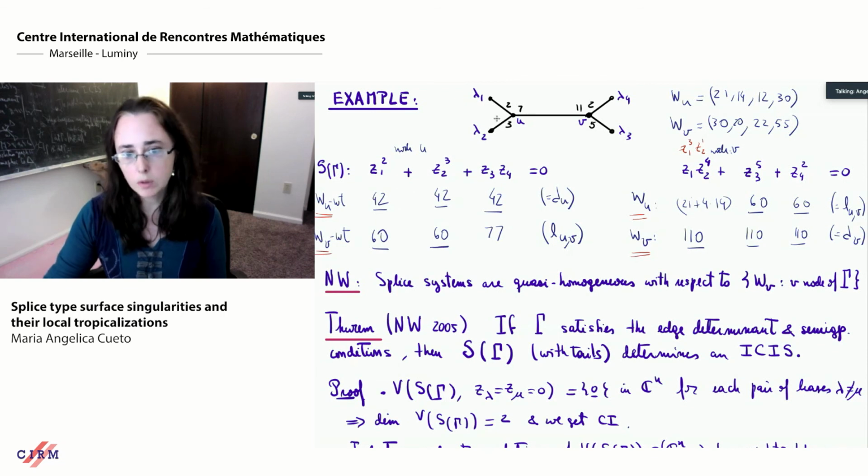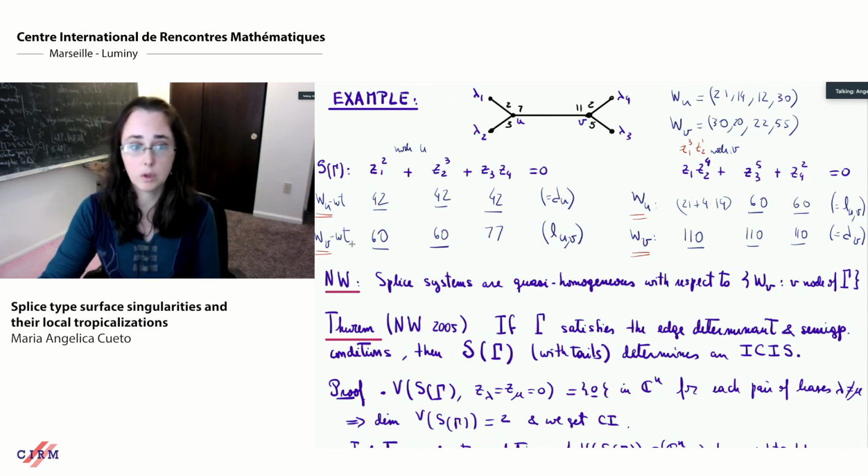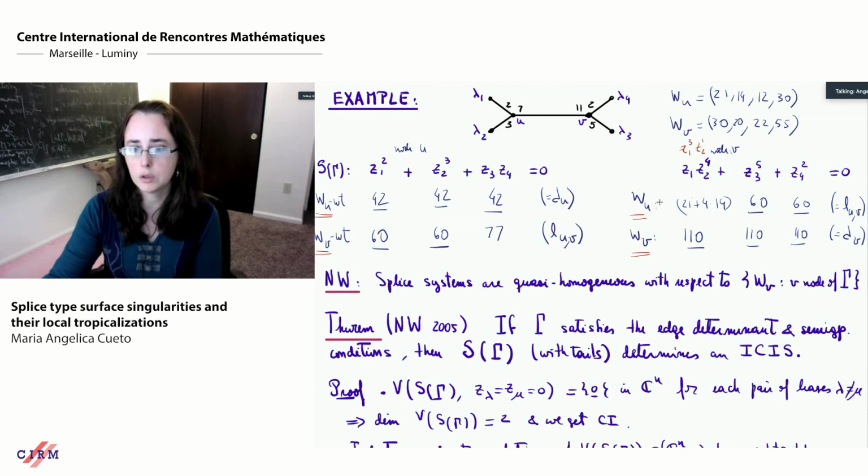So what happens in general is you're either going to be homogeneous or you're going to lose exactly one monomial when you consider initial forms. And the weights are really coming from the splice type. I'm looking at every single equation in my system and computing the initial forms with respect to this set of weights.